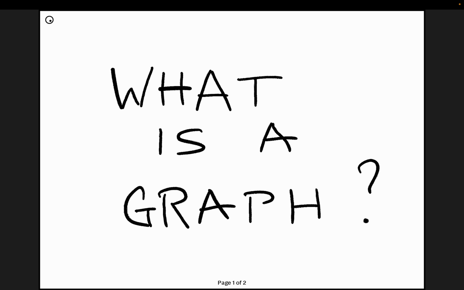So what is a graph? For that, let me just draw something and then I'll explain. So for example, let's just make some points.